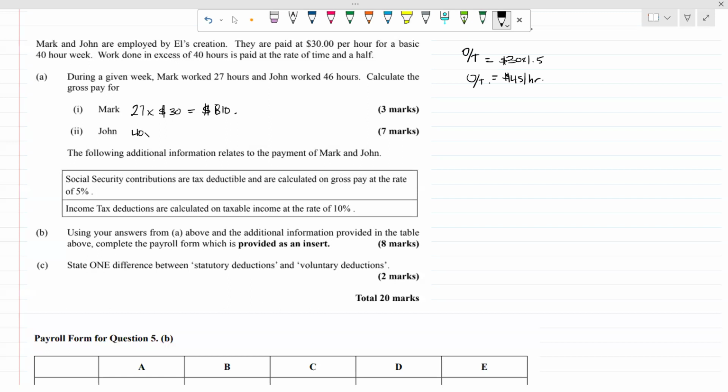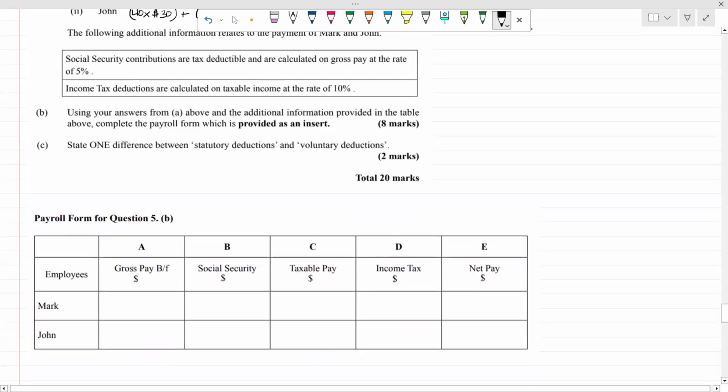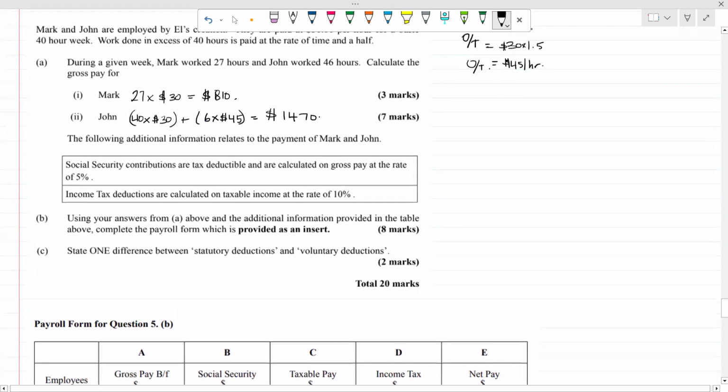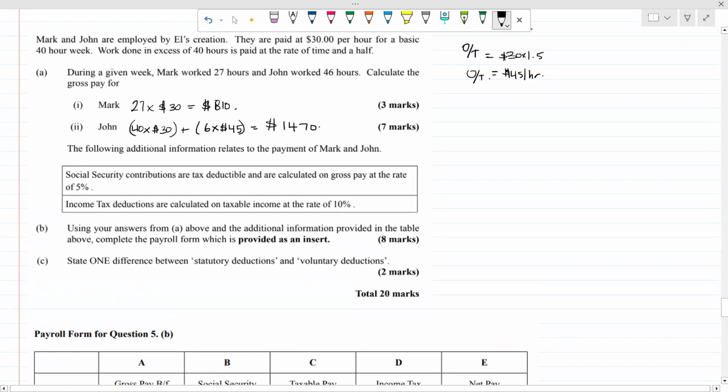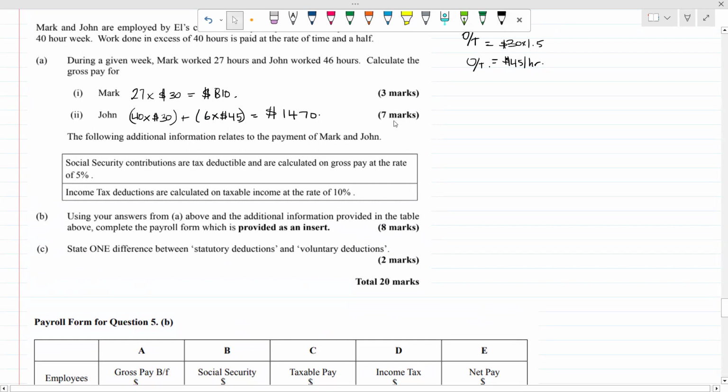So John working at 40 hours at $30 per hour plus 6 hours at $45 per hour, that's 1470. Marks are allocated across the parts as 2 marks, 3 marks, and 7 marks.